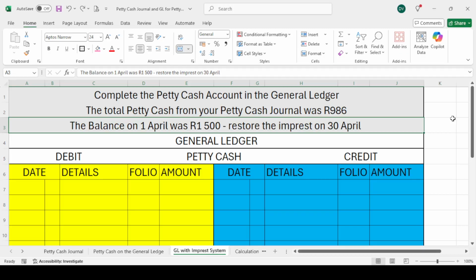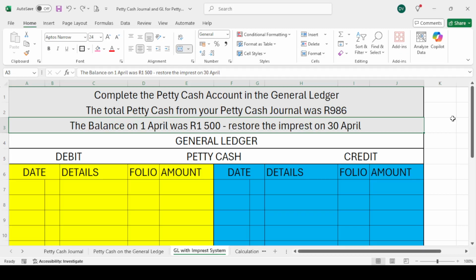But then as the month goes by, obviously the petty cash will be used, right? So you will buy pens and printing paper and refreshments, and the owner will do his dry cleaning, and the money will be used from the petty cash.